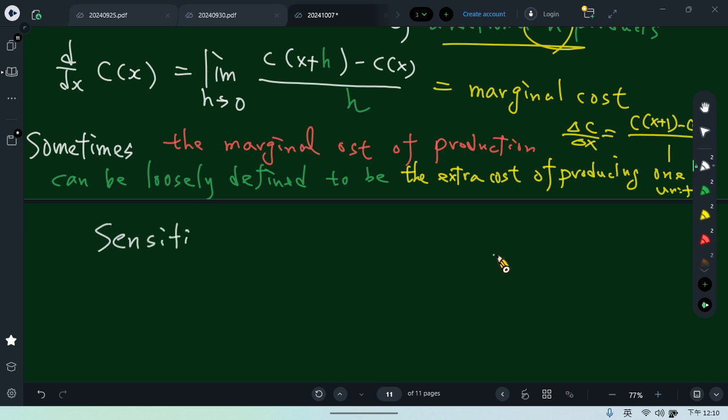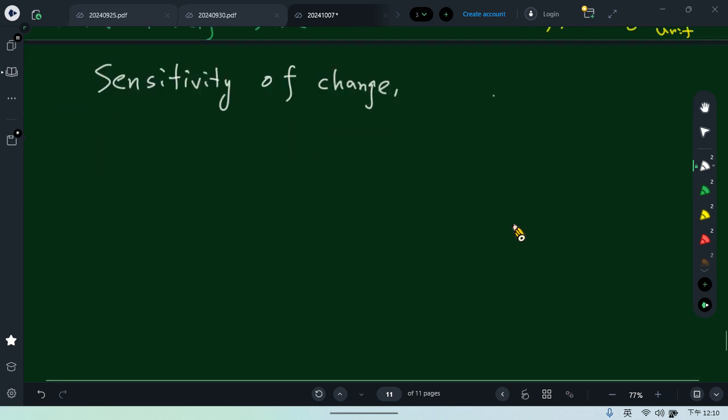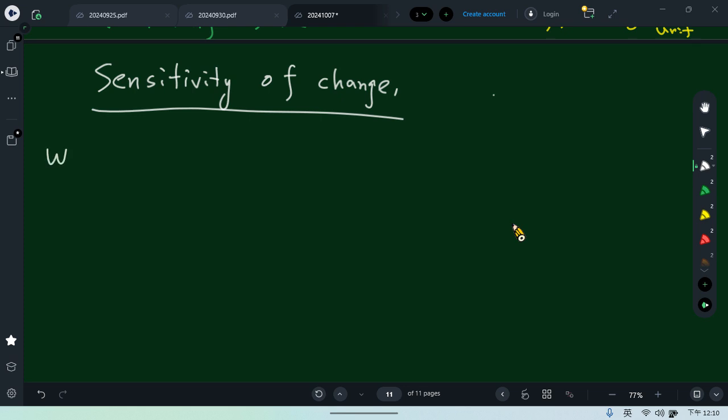Maybe next time I will tell you the detail, but you already have the idea. When we talk about the sensitivity of change, we are talking about when a small change in X changes, can we produce a large change?